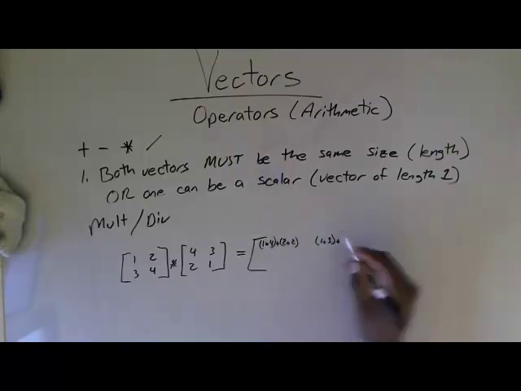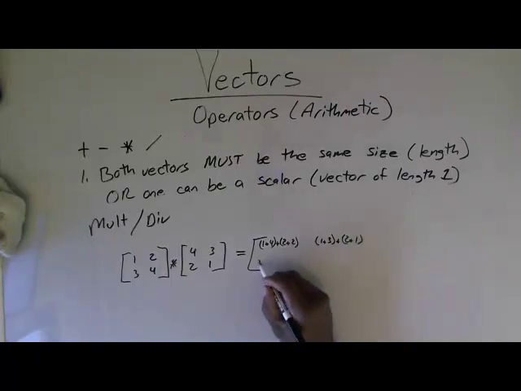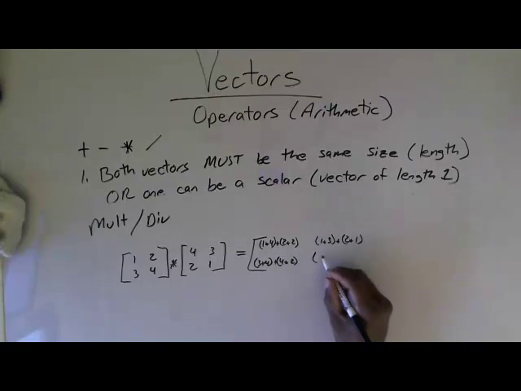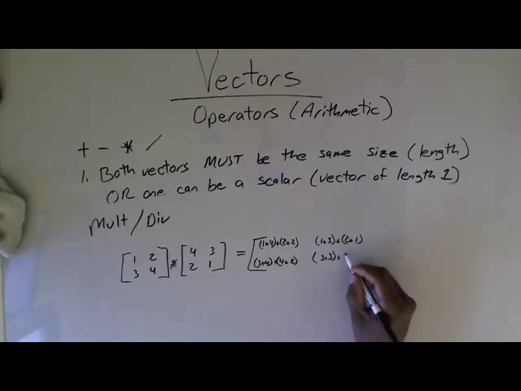plus 2 times 1, and then this element is 3 times 4 plus 4 times 2, and this one is 3 times 3 plus 4 times 1.